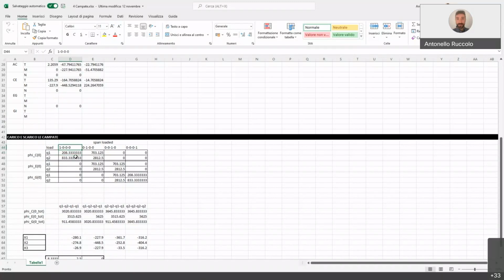You can see that these are just the coefficient effects, and it is very easy to compute them because their equation is always the same. Everything that changes is only the load that we have to take into account or the length of the beam.